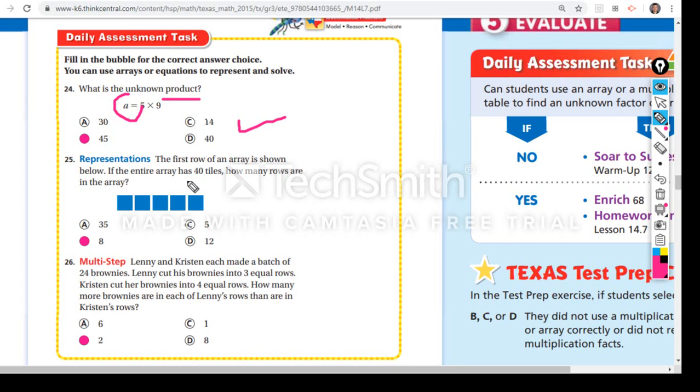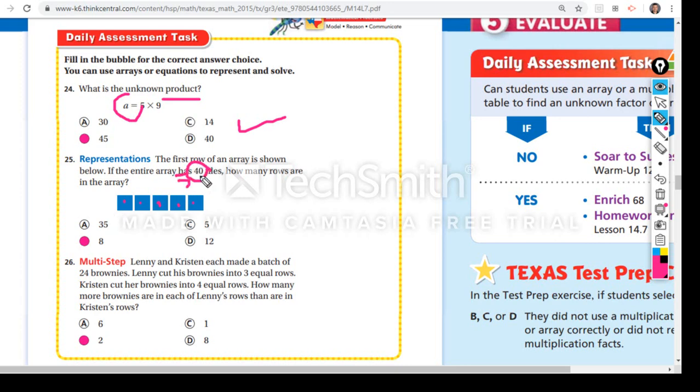Okay, here's the first row of an array. The first row of an array is shown below. If the entire array has 40 tiles, how many rows are in the array? So how many tiles do we have? 1, 2, 3, 4, 5. We have 5.